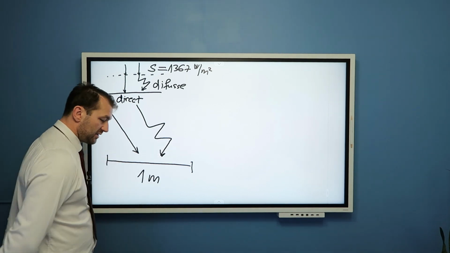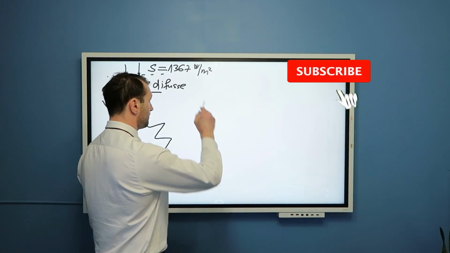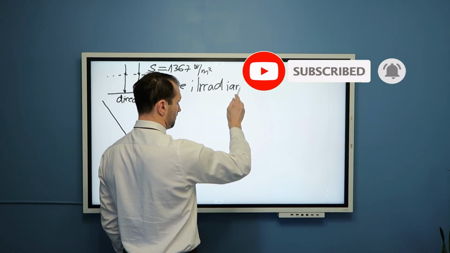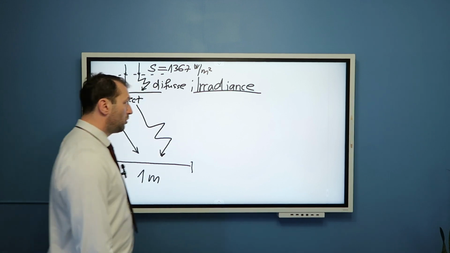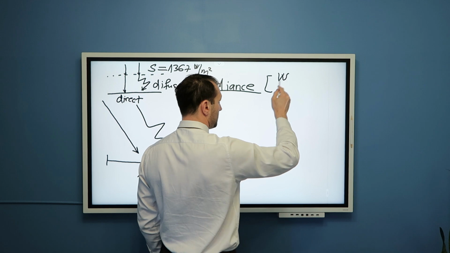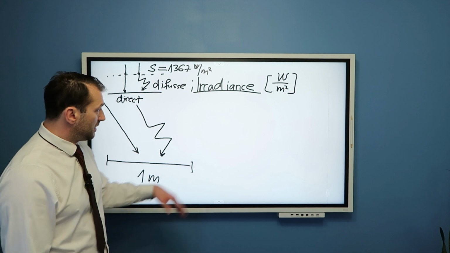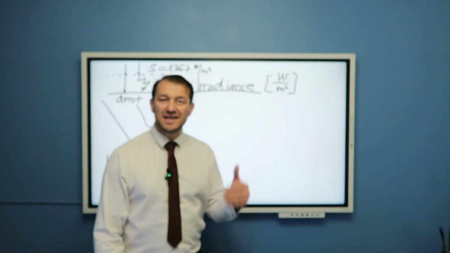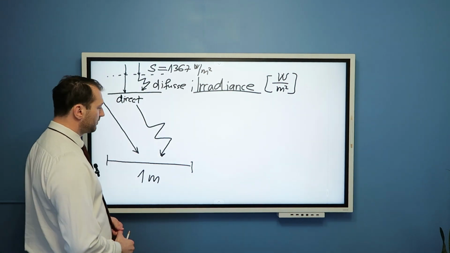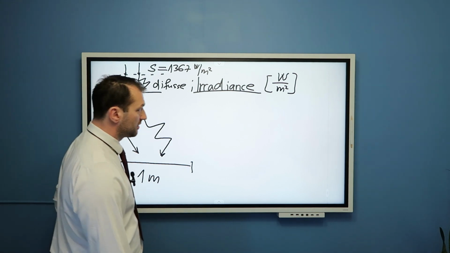How do we quantify this? Well, first we introduce a concept known as irradiance. So what is irradiance? Irradiance is given in the units of watts per square meter, so power per square meter. Irradiance is the amount of radiant energy, namely electromagnetic radiation that we receive from the sun, that falls on 1 square meter every second.